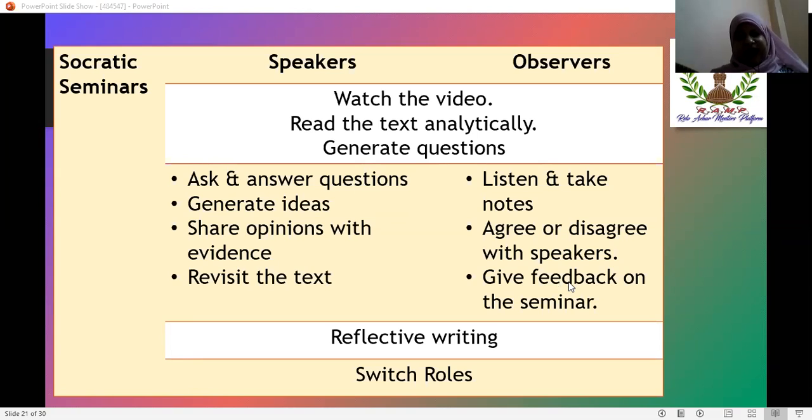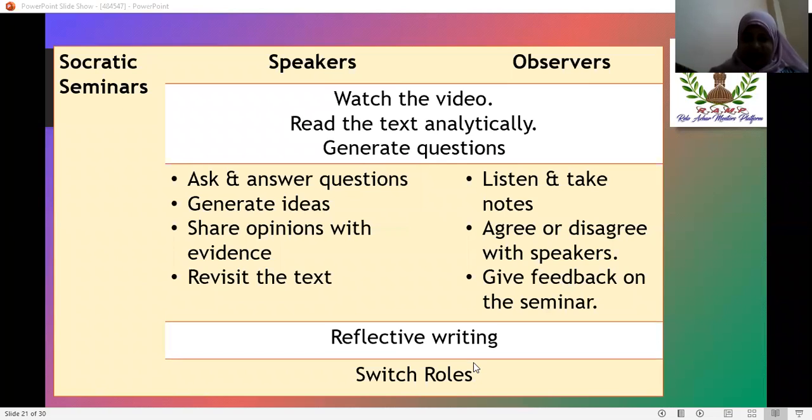They give feedback, and here I mean by giving feedback, they say what they like and what they do not like. But if there is something negative from one of the students, they don't name it. So again, speakers ask, share ideas, observers take notes, agree or disagree.